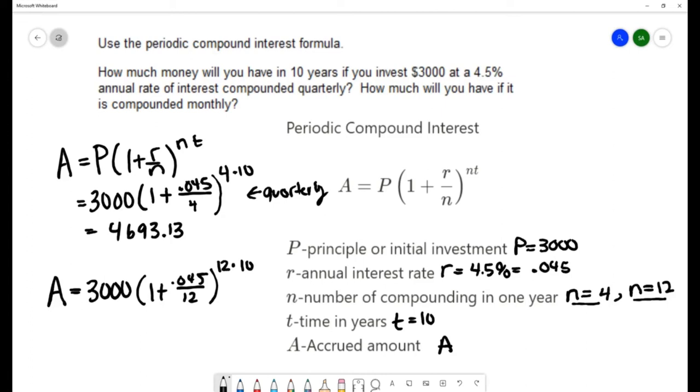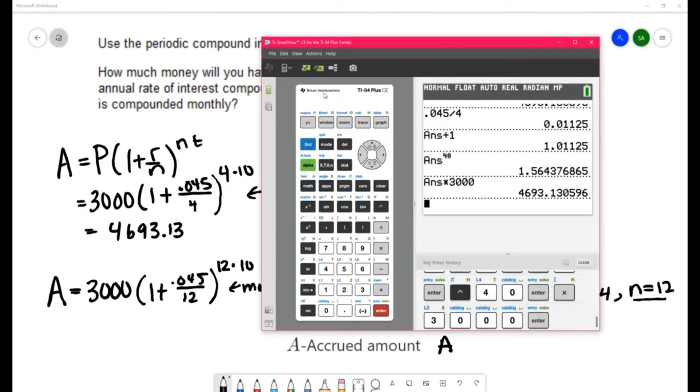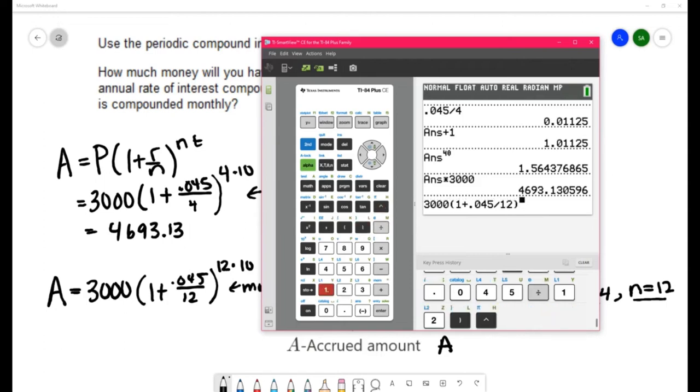So this is for the monthly calculation. And let's get our calculator again. And we're going to type 3,000 times 1 plus 0.045 over 12 to the 12 times 10.